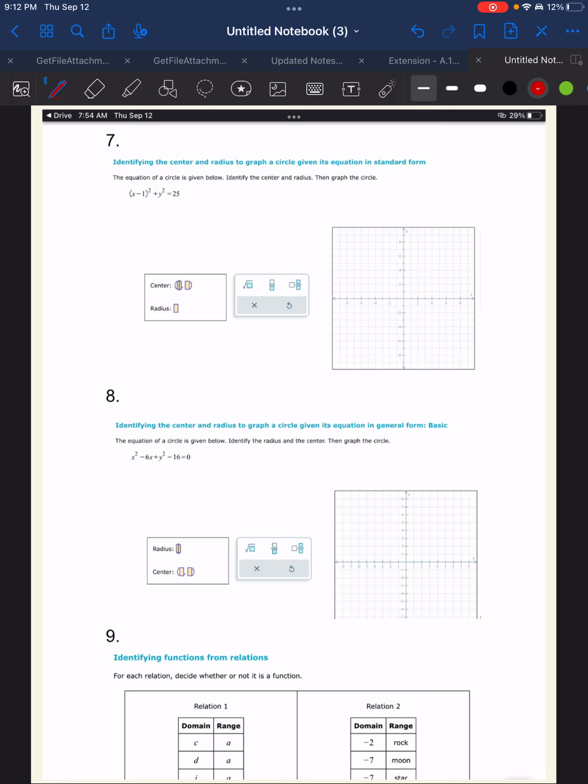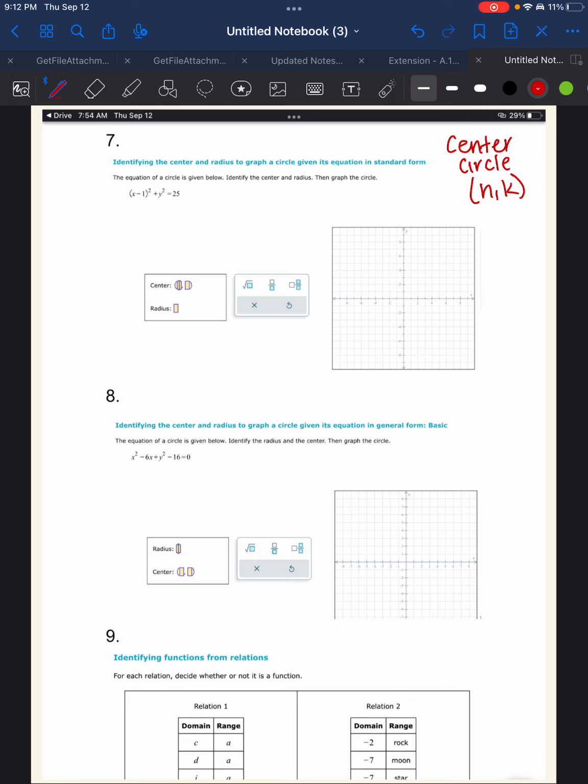Number 7 says the equation of a circle is given below. Identify the center and the radius and graph the circle. So the center of the circle is (h, k).